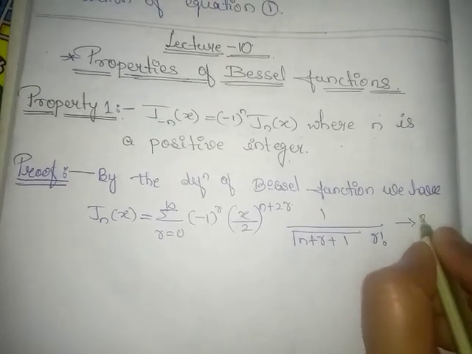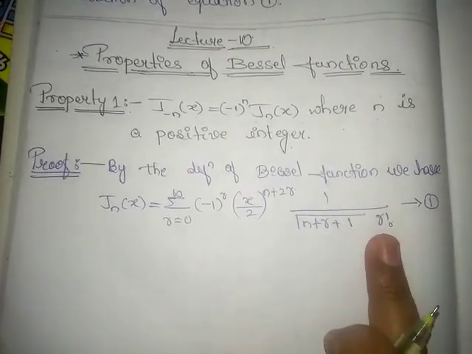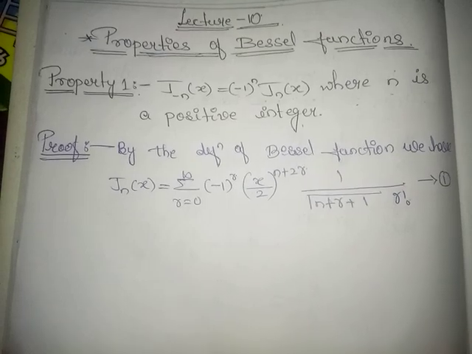Name this as equation 1. This r factorial is outside the gamma function.